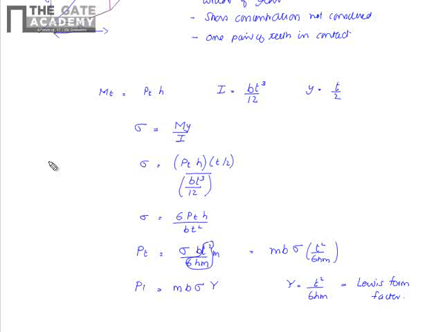So the tangential force will be m into b into sigma into Y. m is the module, b is the width of the tooth, sigma is the bending stress, Y is the Lewis form factor.